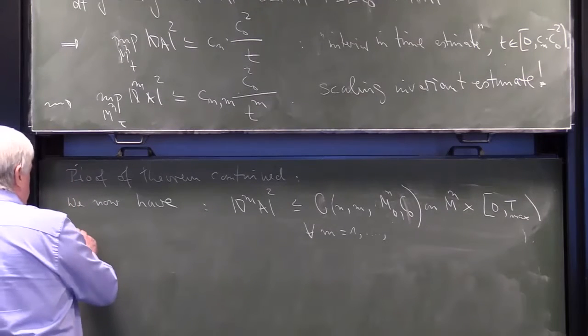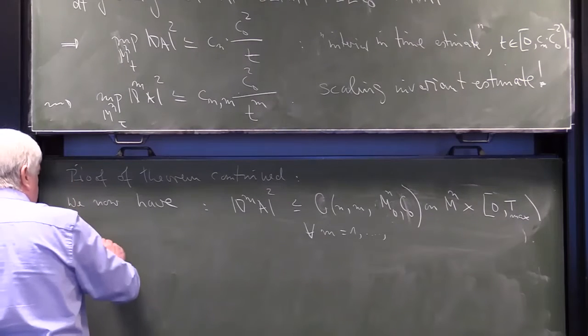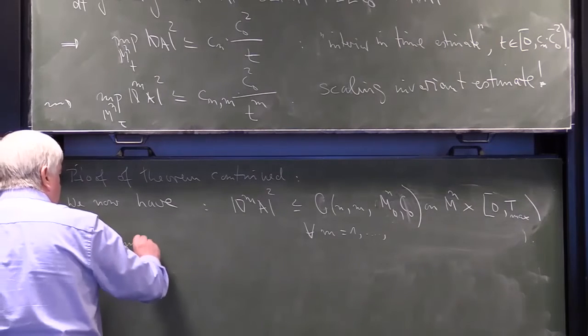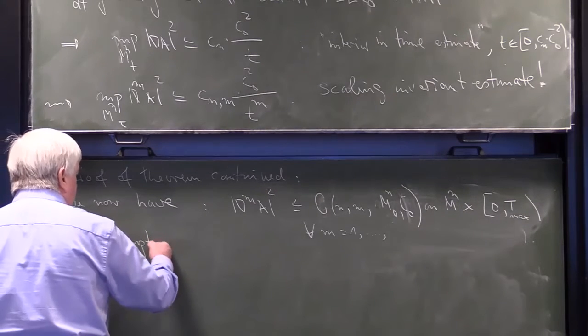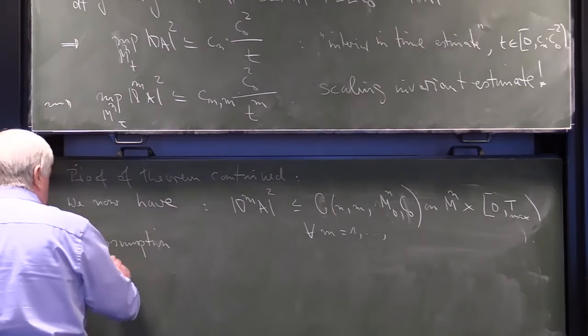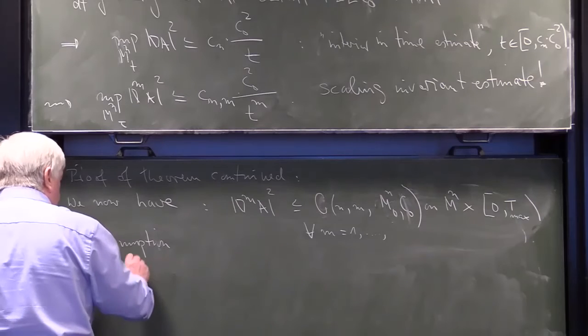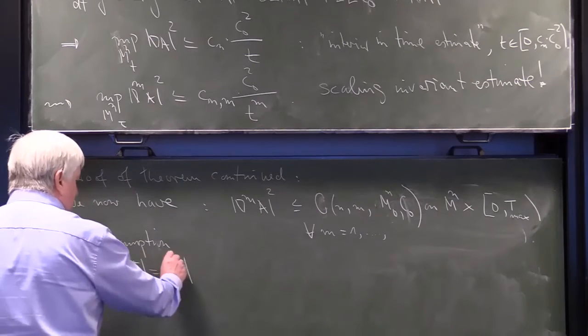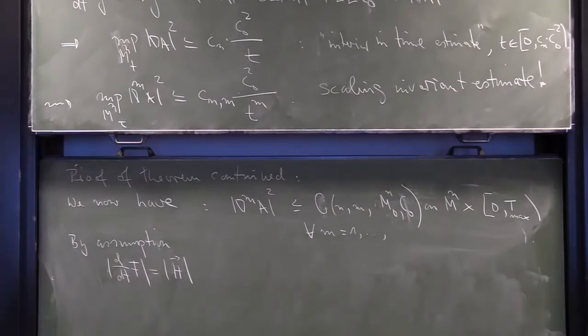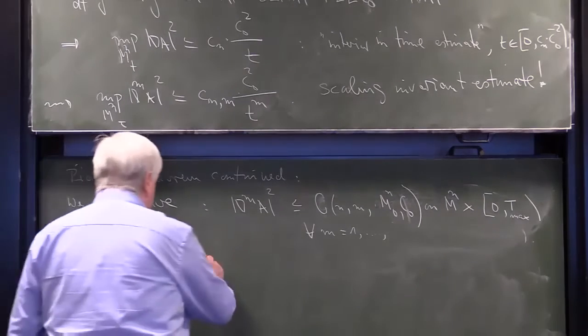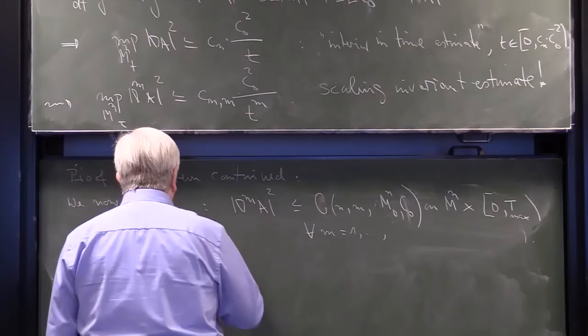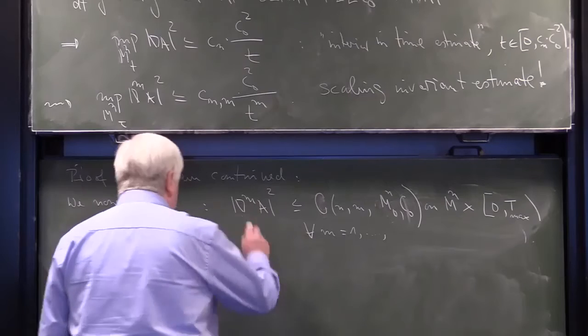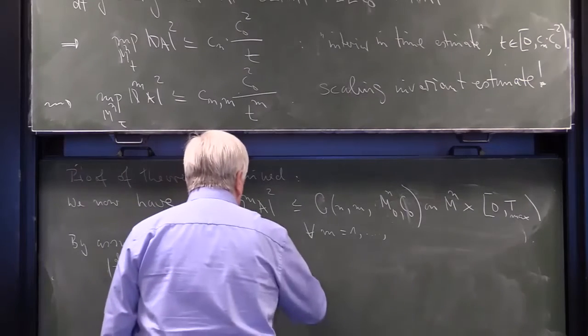So by assumption, d/dt of the position vector, this is just the mean curvature vector, the length is bounded by, let's say, n times C0, which is less than infinity.